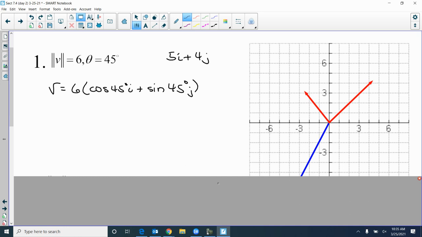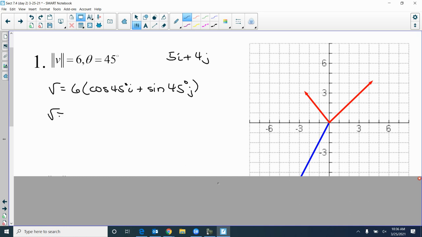Now, if it's a unit circle angle, I want the exact values. So what's the cosine of 45? What's the sine of 45? We've been doing that for a long time now. Cosine of 45 is radical 2 over 2, and sine of 45 is also radical 2 over 2.